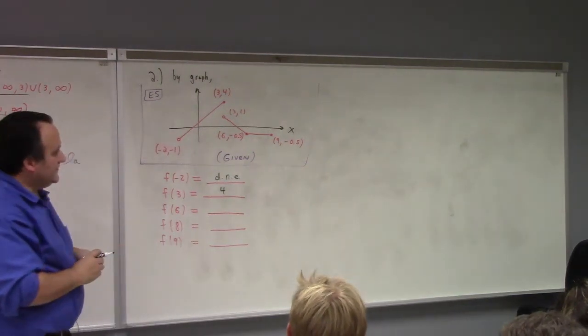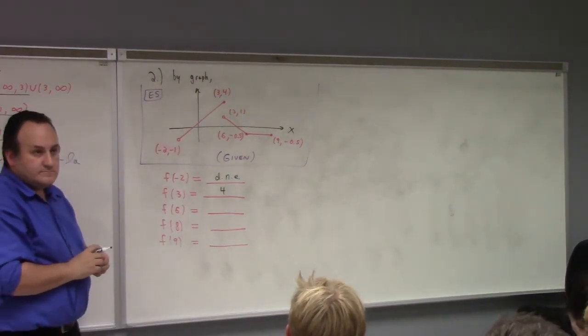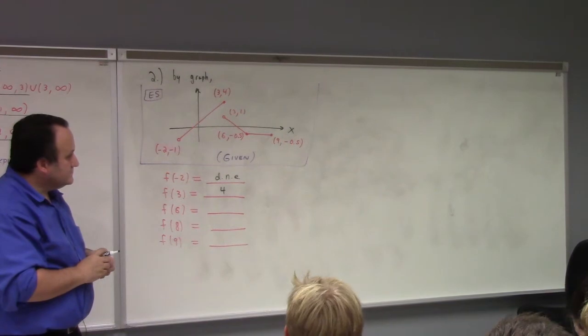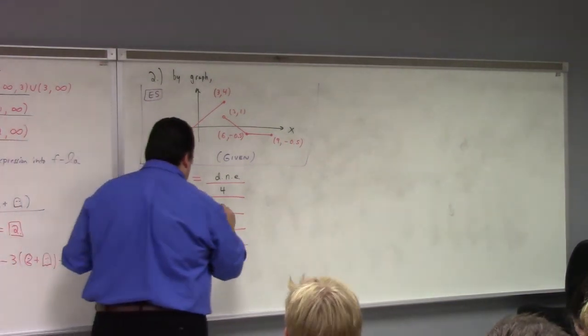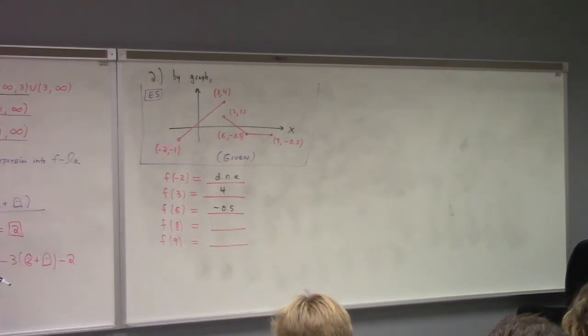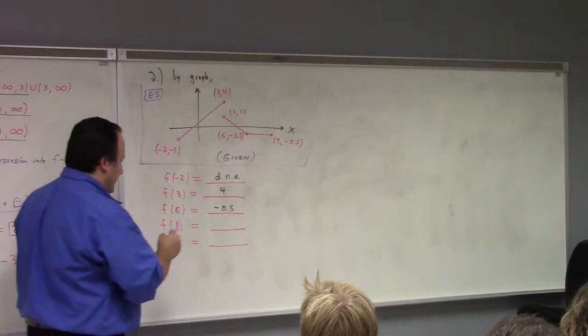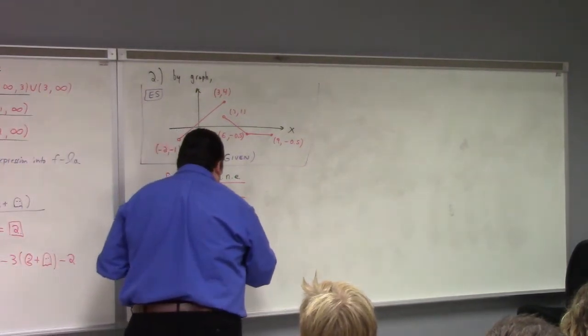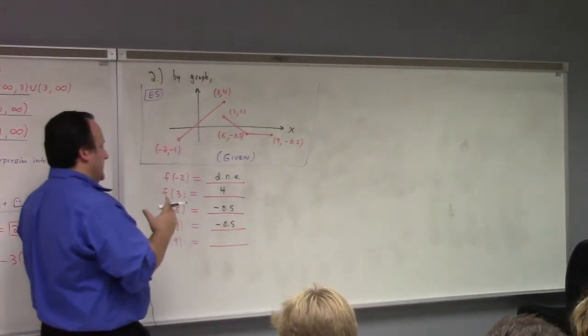How about f of 6? Negative 0.5. And how about f of 8? Again, negative 0.5. Of course, here we're assuming that my picture really is horizontal there.